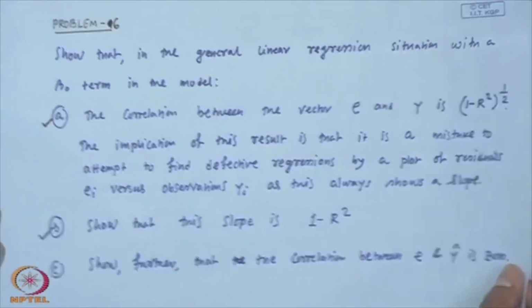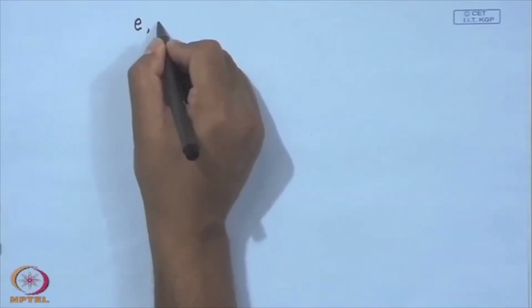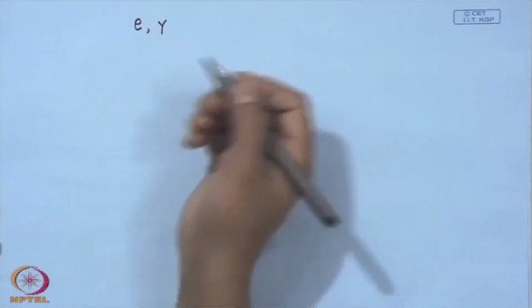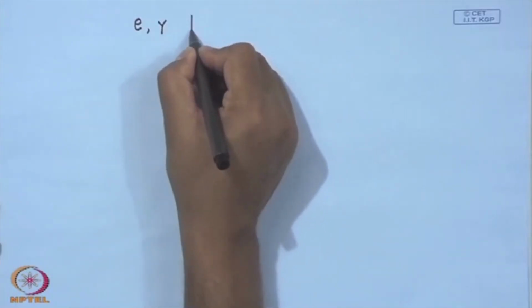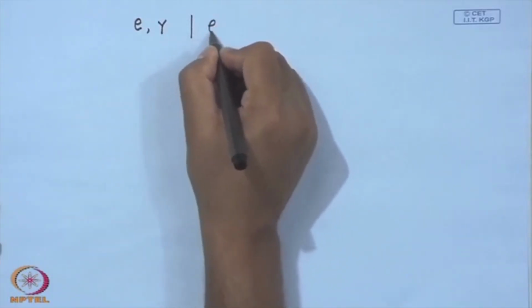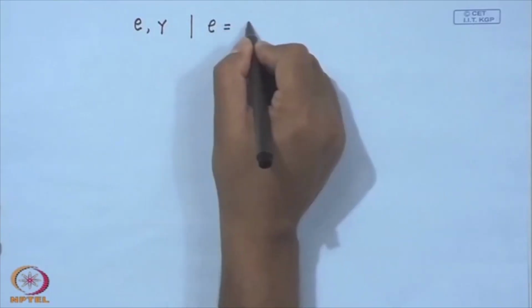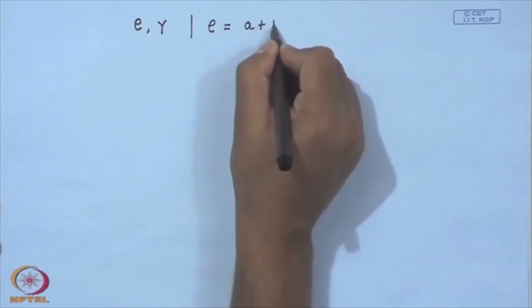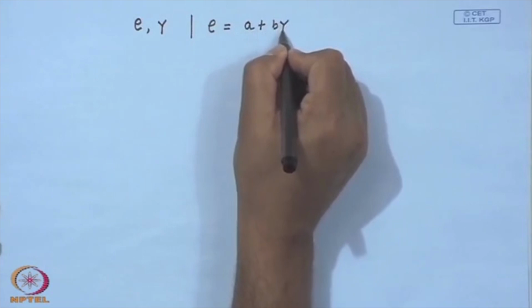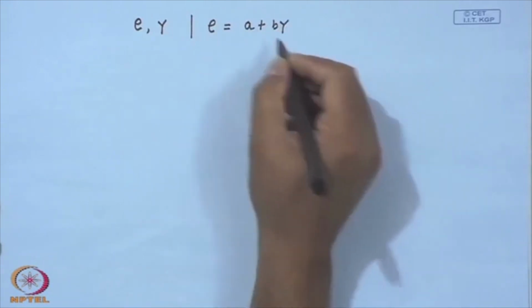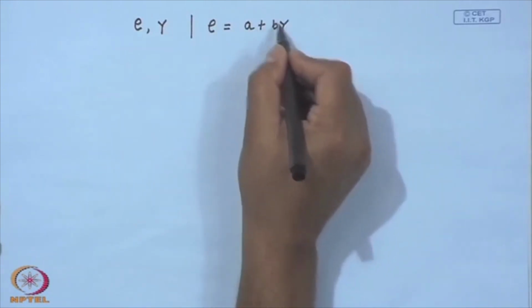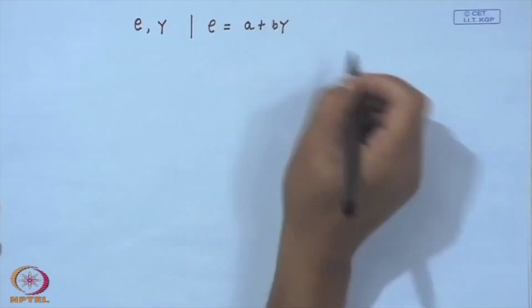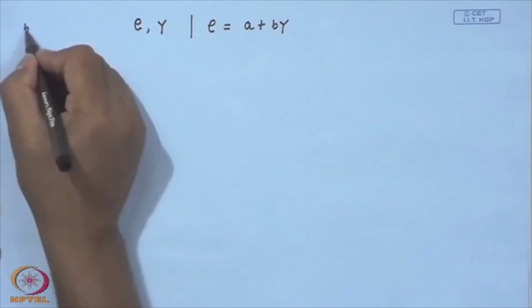So, now let me fit a relation between E and y. Suppose the relation is a straight line relation. So, E is equal to say a plus b y. Okay. So, what I have to do is prove that this b is equal to 1 minus R square, the slope is 1 minus R square. This is part B.